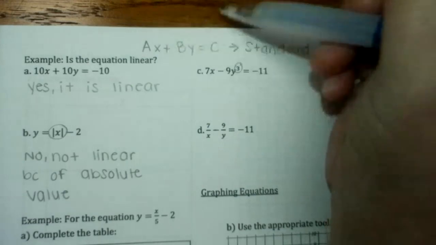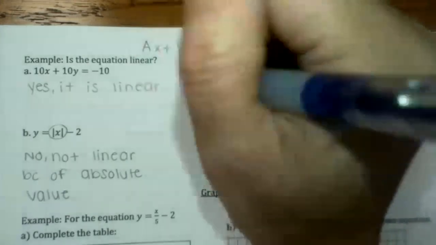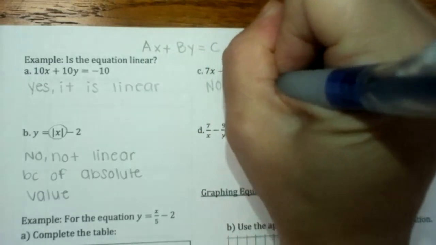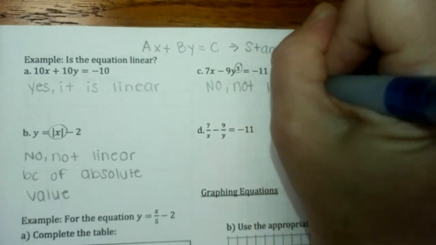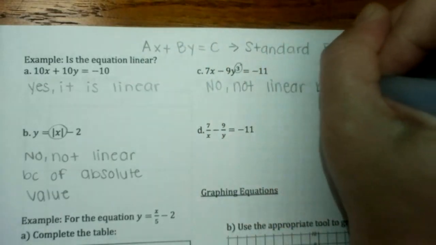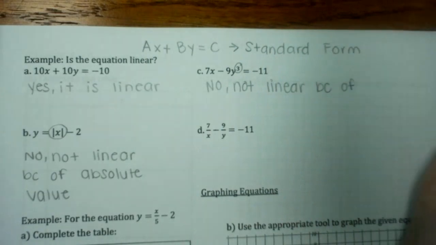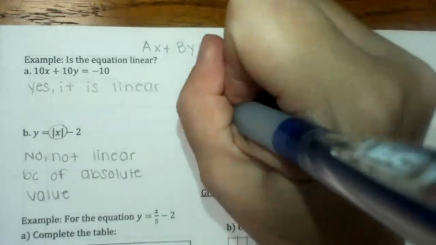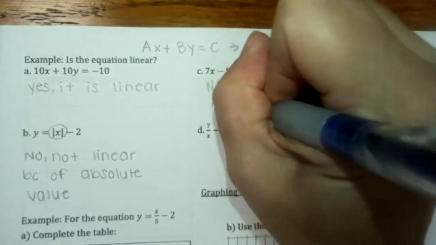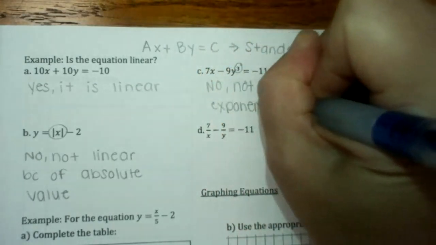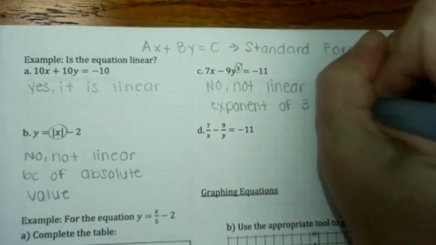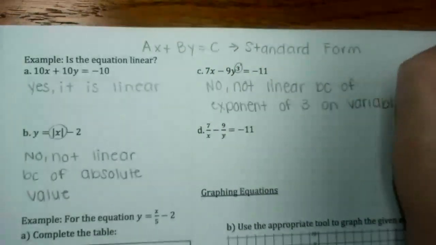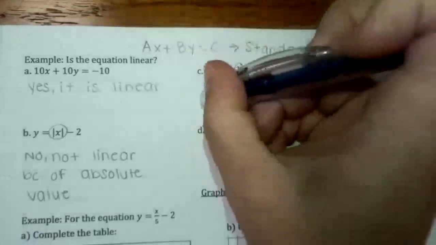I can't do anything to get rid of it. It's not part of our standard form. So whenever I graph this, it's not going to be a straight line. No, it's not linear because of the exponent of 3, and it's on our variable. It's on y, so that's why I can't get rid of it.